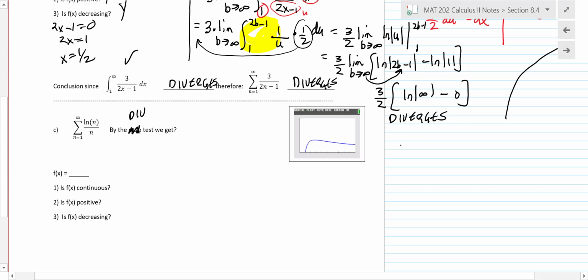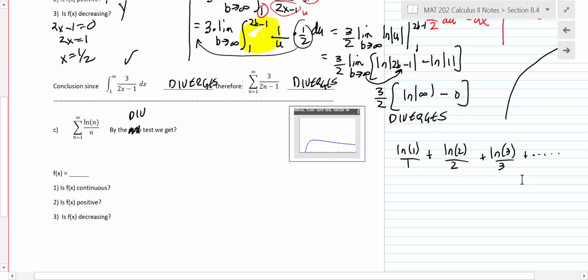I recommend you do this in general when you're looking at a series: write out maybe 3 terms. So I'm going to just start with one. I would have ln of 1 over 1, then ln of 2 over 2, ln of 3 over 3, forever and ever again like that. Now, if you look at this series, let's think about what's happened.